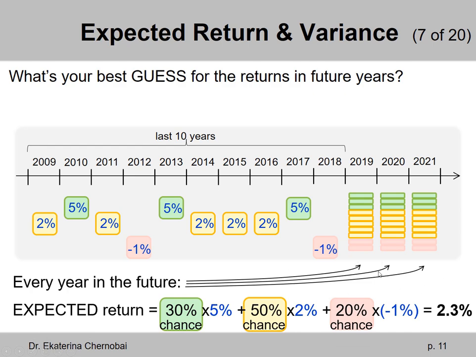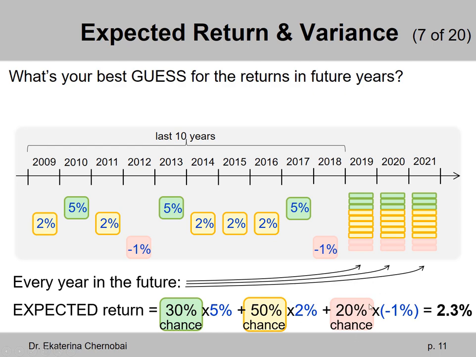And now, how do we put it into a formula? How do we calculate that one number that reflects everything that happened over the last 10 years in this example? We calculate the expected return by multiplying the chance of receiving a 5% return, which was 30%, by 5%. Then we add the chance of receiving a 2% return, which is 50%, times 2%, the product of the two.